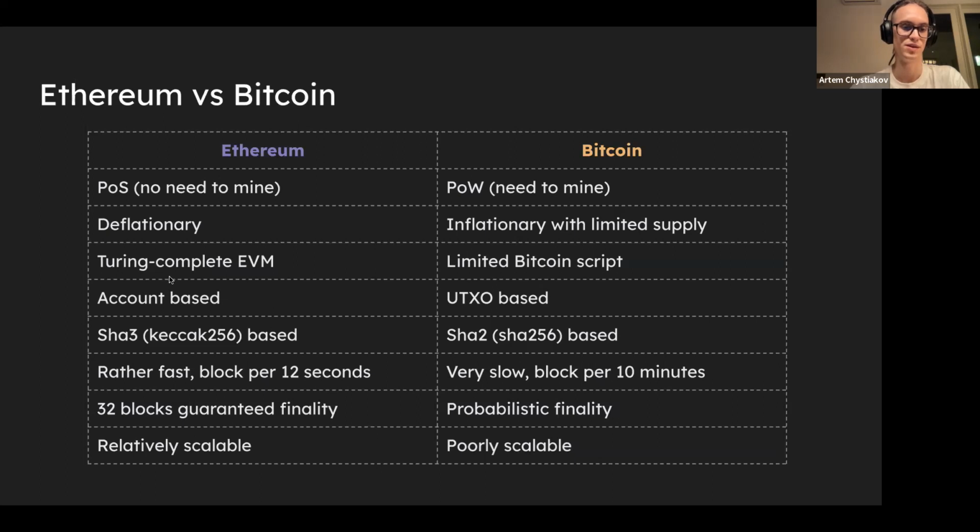Ethereum is a Turing-complete blockchain. Ethereum virtual machine is a Turing-complete machine that can execute whatever you want. What I mean by Turing-complete is that it can execute pretty much any programs. You can write whatever you want with that. It is not bounded by any means.